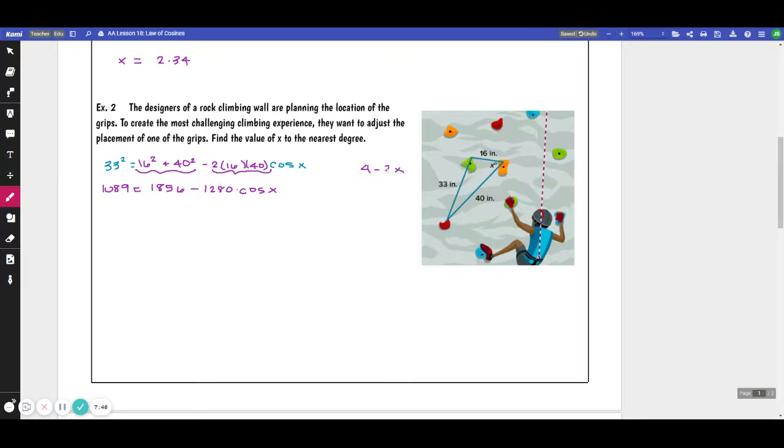You can't subtract those and just get 2x. They're not like terms. So what we need to do is move the 1856 to the other side by subtracting it from both sides. So I get negative 767 equals negative 1280 times cosine of x. So if I want to get rid of that, I'm going to divide by negative 1280.